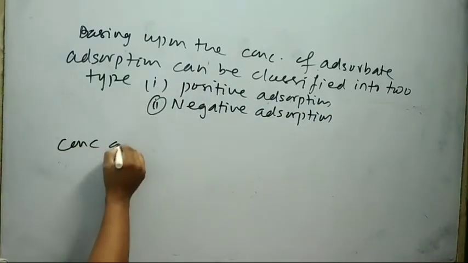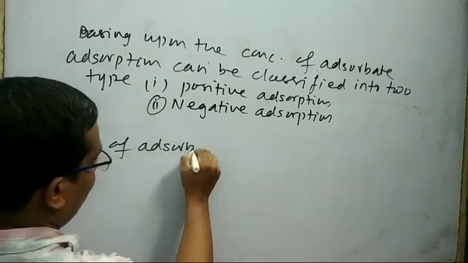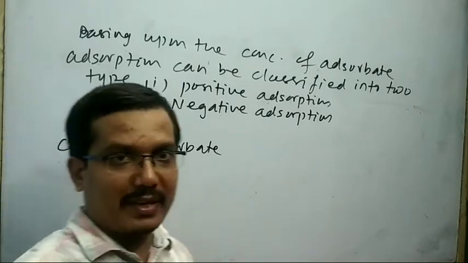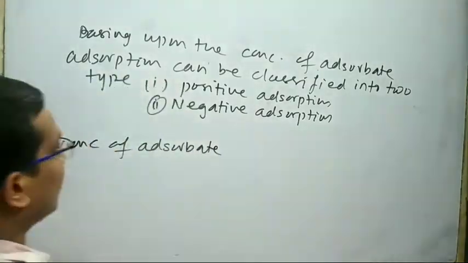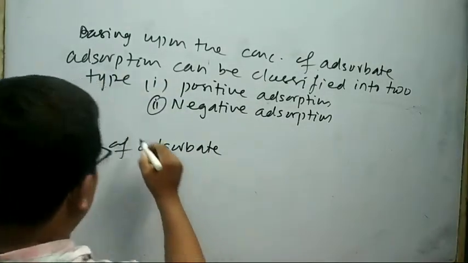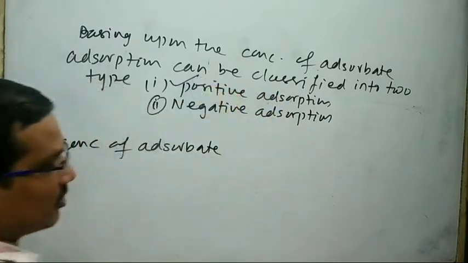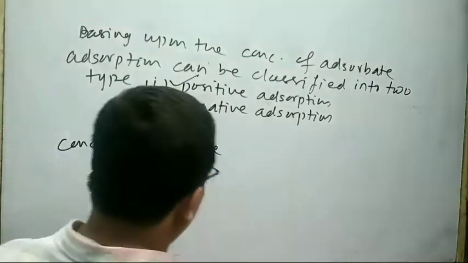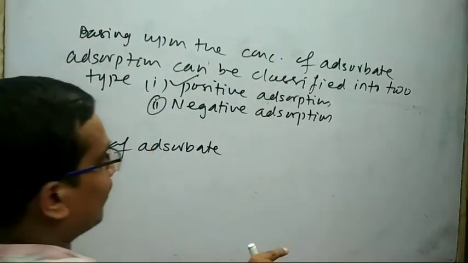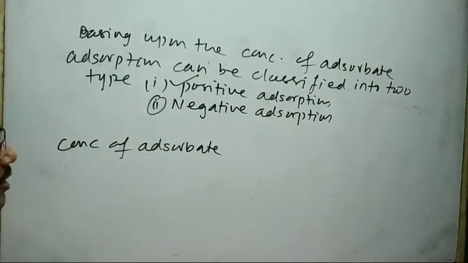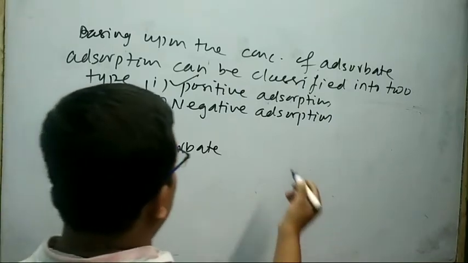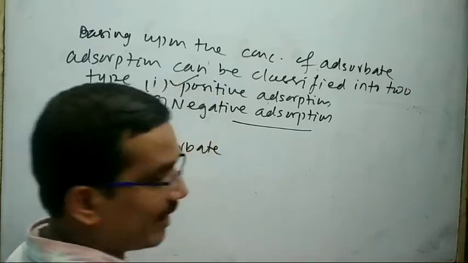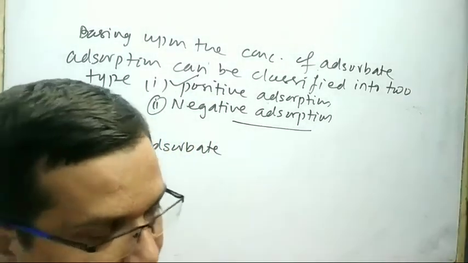If the concentration of adsorbate is more on the surface than in the bulk, then such type of adsorption is called positive adsorption. If the concentration of adsorbate is less on the surface than in the bulk, then such type of adsorption is called negative adsorption. Negative adsorption is generally observed in case of solution.